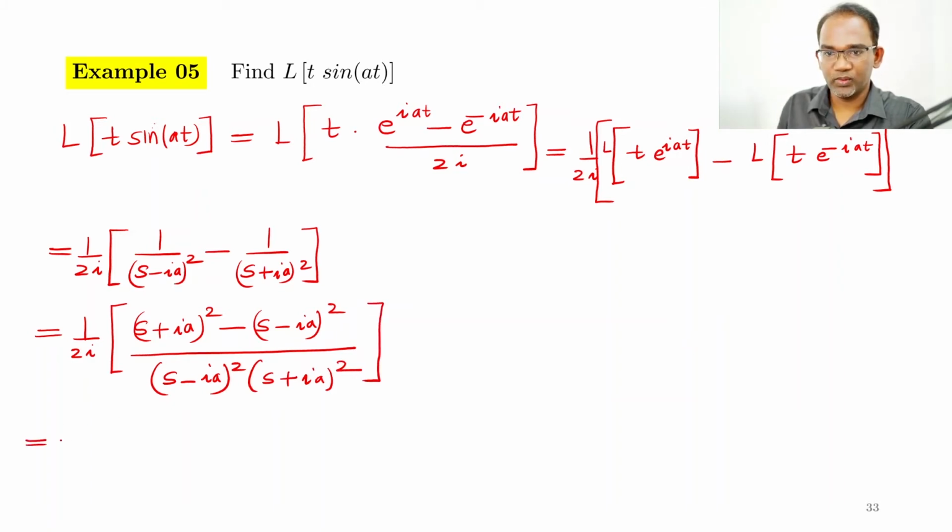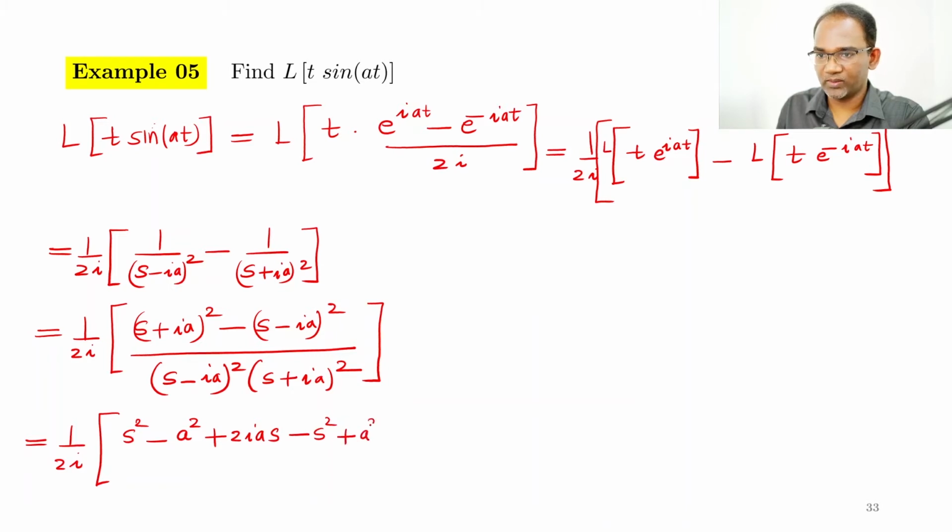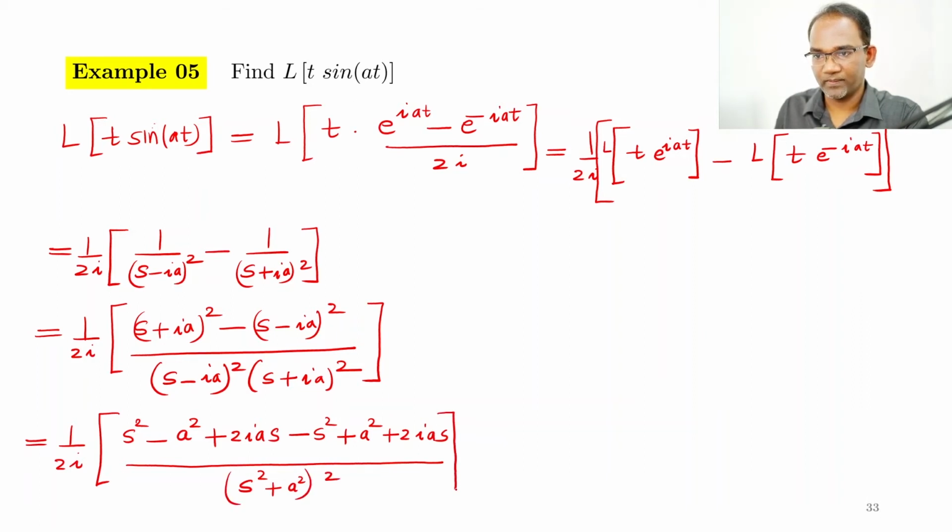When we do the simplification, then 2i, then s square minus a square plus 2ias minus s square plus a square plus 2ias over (s square plus a square) the whole square. There are certain terms which get cancelled.